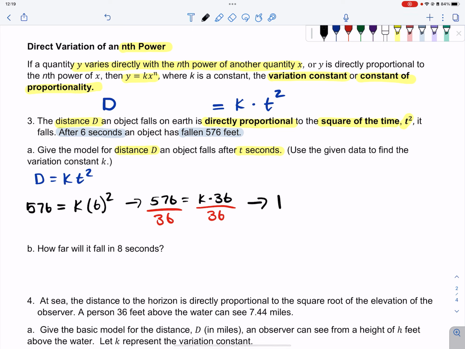That gives us k is equal to 16. Our last step for this part is to go back to the model we wrote at the beginning, d equal to k times t squared, and replace k with 16. So we have that the distance is equal to 16 times t squared.